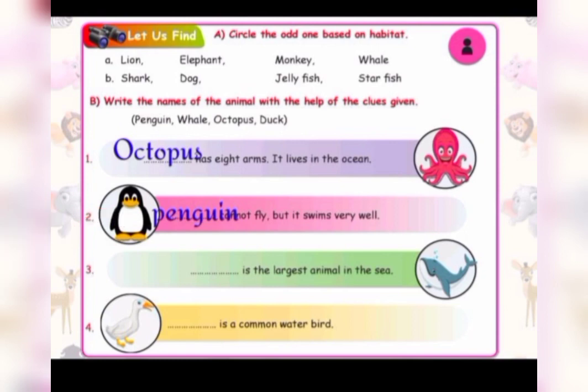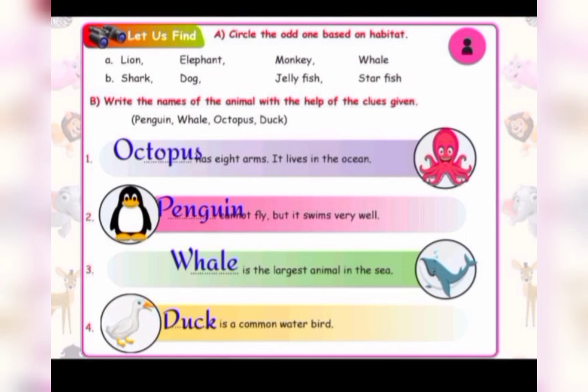Here the picture is whale. So the answer is whale. Whale is the largest animal in the sea. And last one, dash is a common water bird. What is this, children? Yes, duck. So the answer, duck is a common water bird.